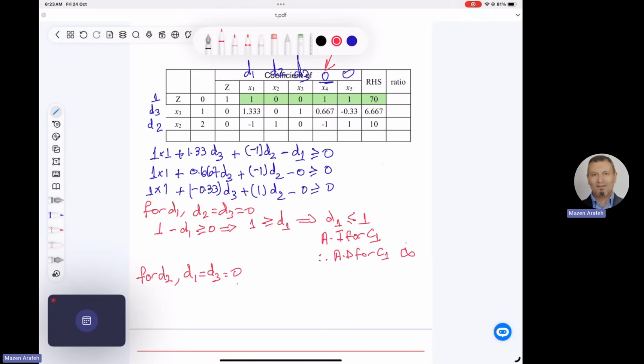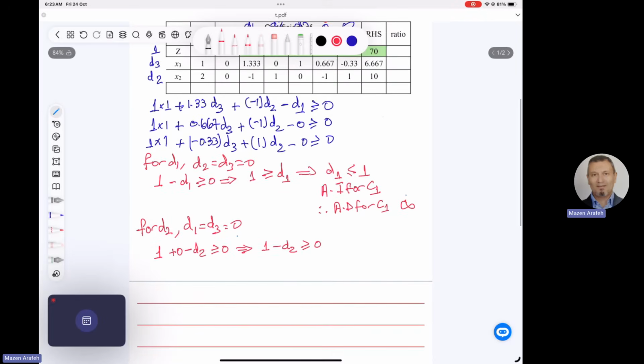We have 1 times 1 is 1, plus 1.33 times D3, which is 0, minus 1 times D2, minus D1. D1 is 0 again, so this is greater than or equal to 0.